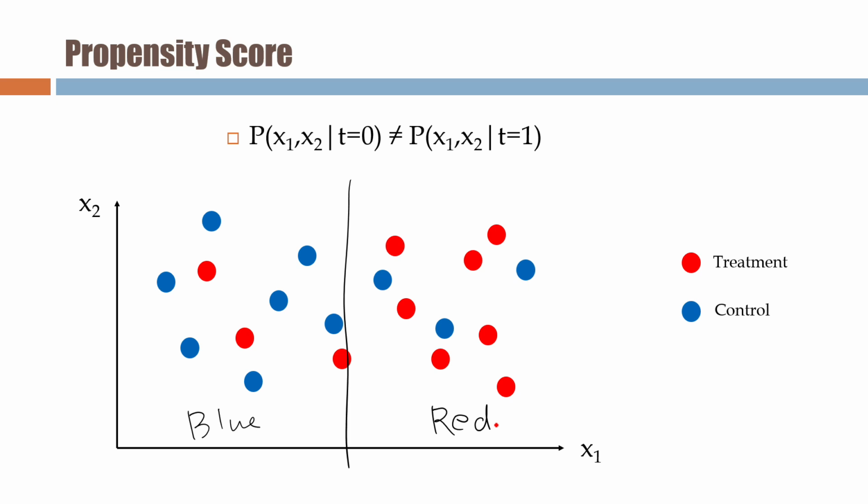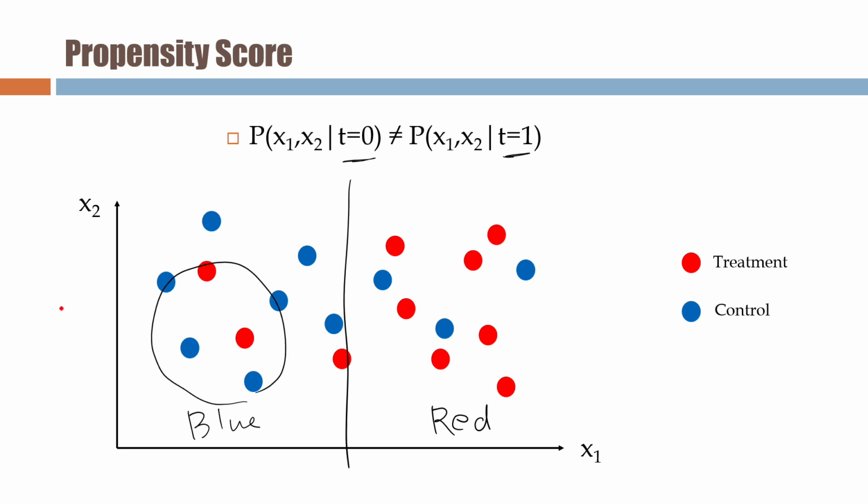You are collecting some confounding effect also. So the probability of x comma y when t is 0 is not the same as the probability of x comma y when t equals 1. Here, t equals 0. What is the probability of x comma y? Both of them are small numbers.